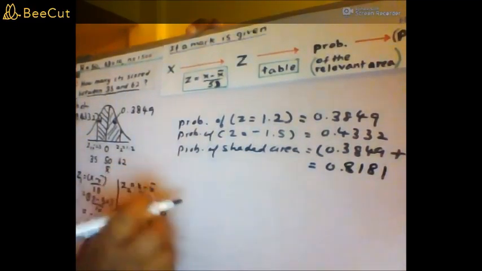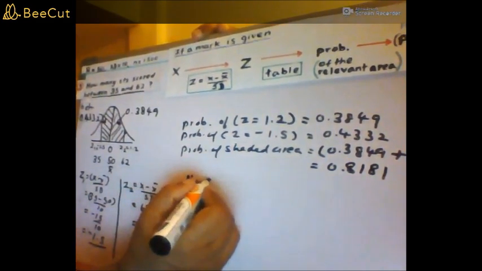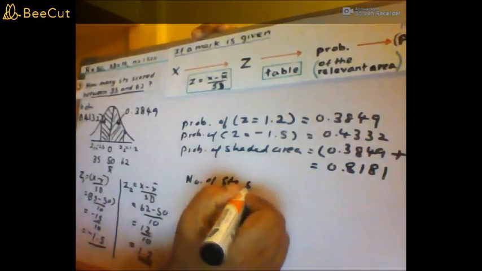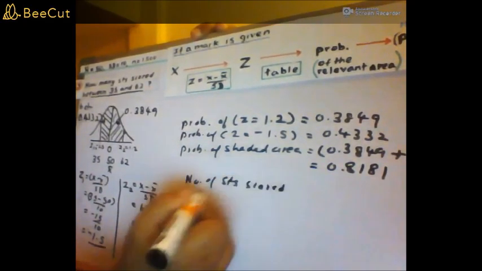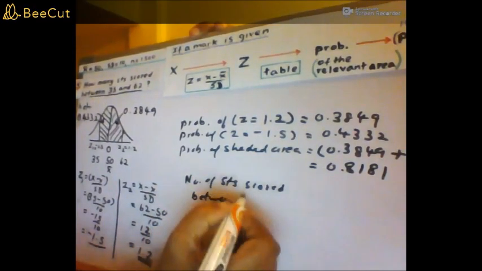Then write what we have to find, the number of students who scored between 35 and 62.